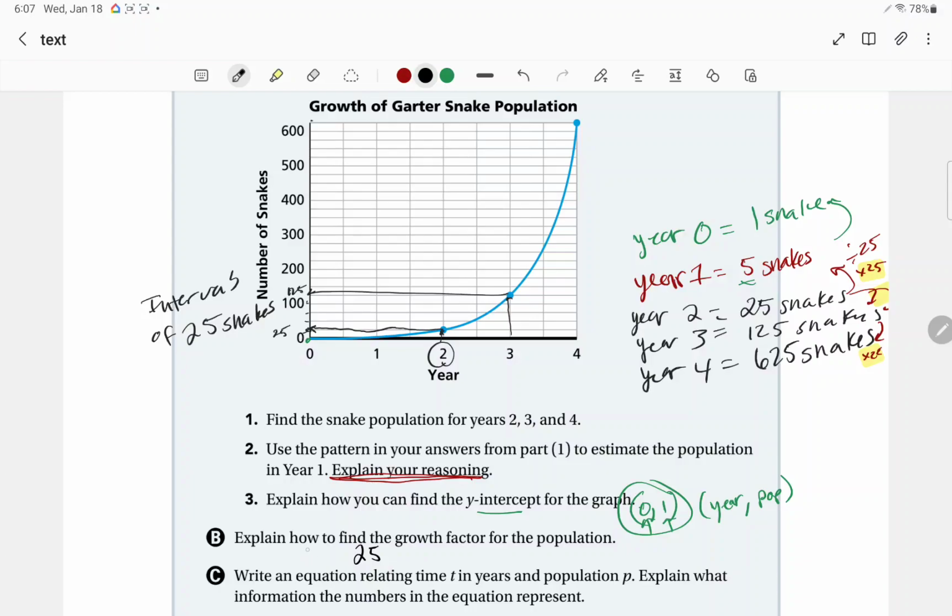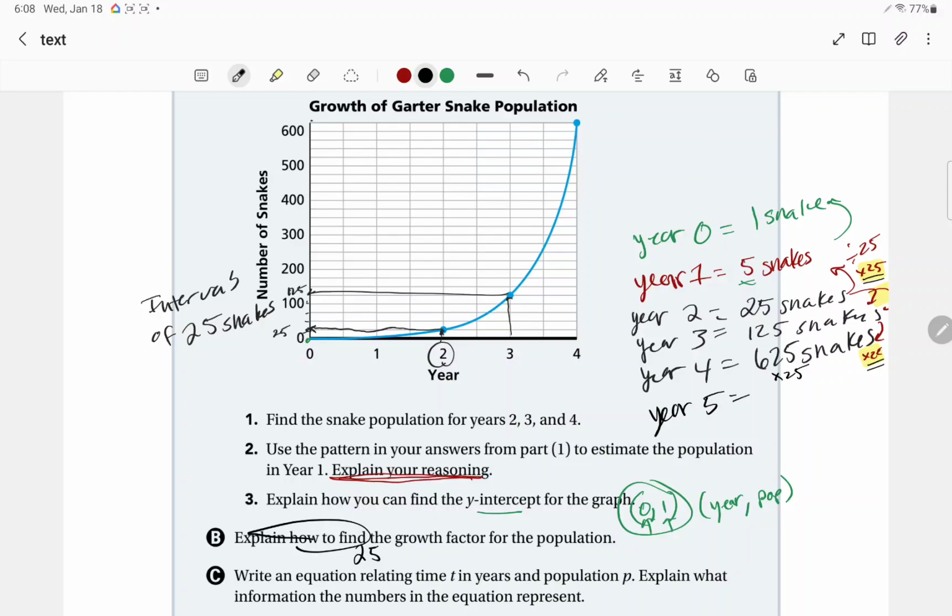Okay, but again, this says explain how to find. So make sure you're able to explain that that growth factor is that number that you're multiplying by every time. So if we wanted year 5, we would take this times 5 to figure out how many snakes would be on year 5, which we will need to know for part C.